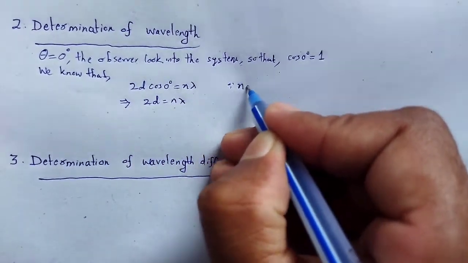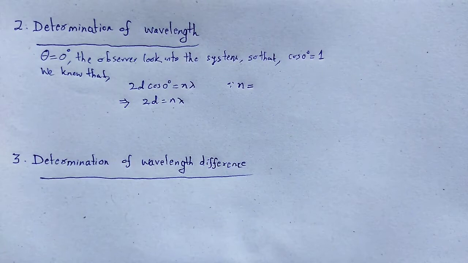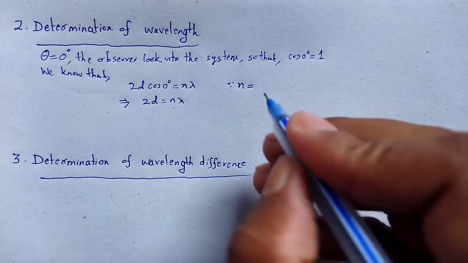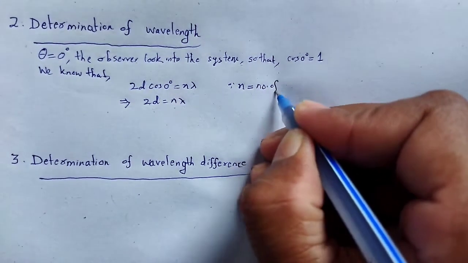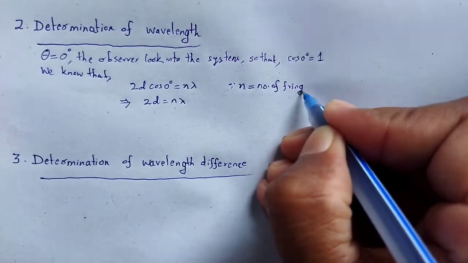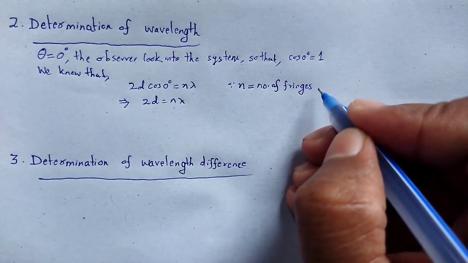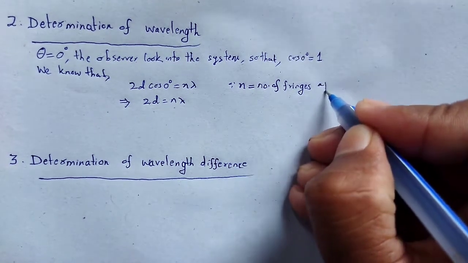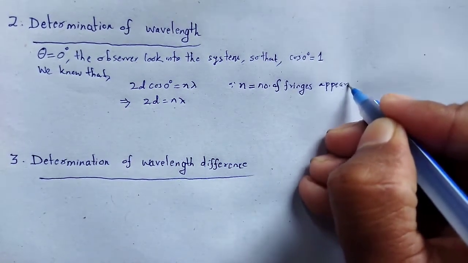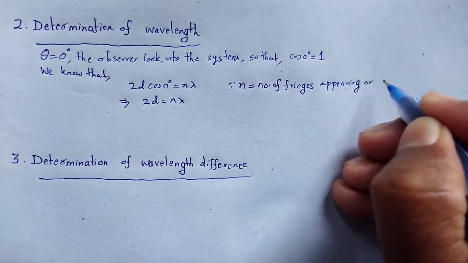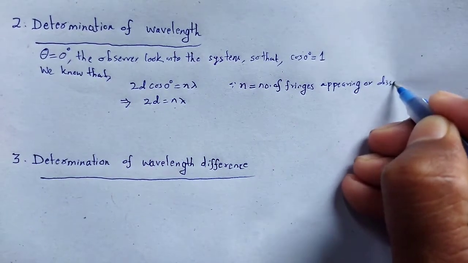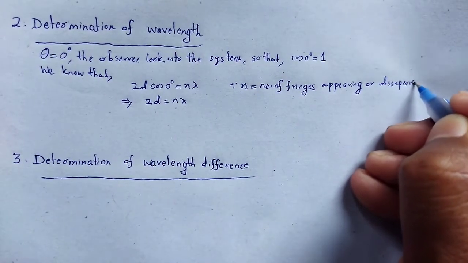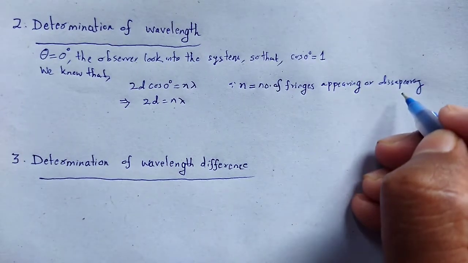In that case, n is the number of fringes appearing or disappearing at the center.